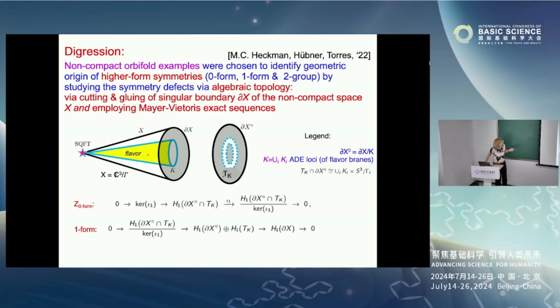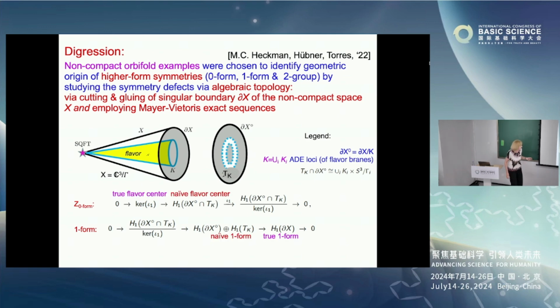And using Mayer-Vietoris exact sequences, with some physical intuition, we were able to determine the sequences that identify the group elements of one-form symmetries and the torsional zero-form symmetries.